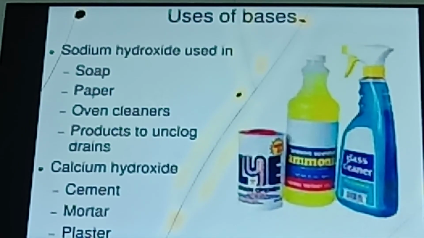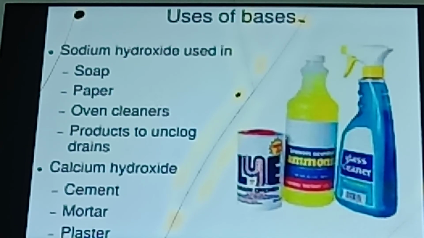Uses of bases. Potassium hydroxide is used to make bathing soap. Sodium hydroxide is used to make washing soap. Sodium hydroxide is also used in the paper industry, textile industry and in the preparation of medicine.